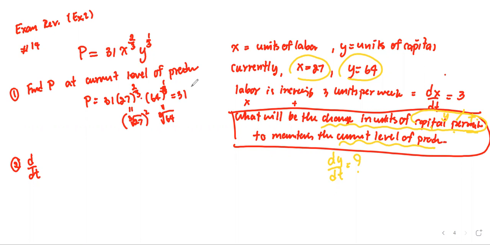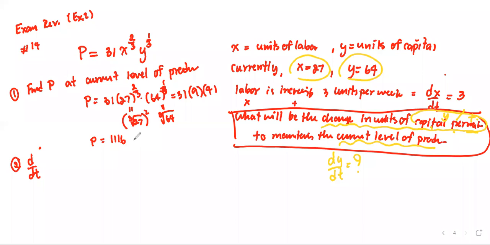So we have 31 multiplied by 3 squared, that's 9, multiplied by 4. Let me check the number real quick: 31 times 9 times 4 is 1116.